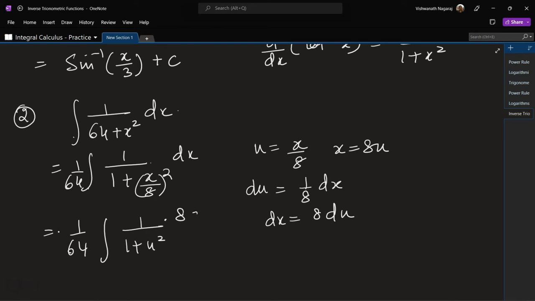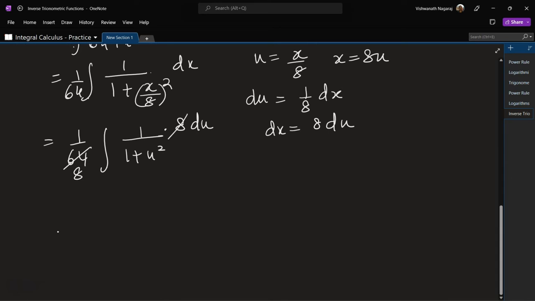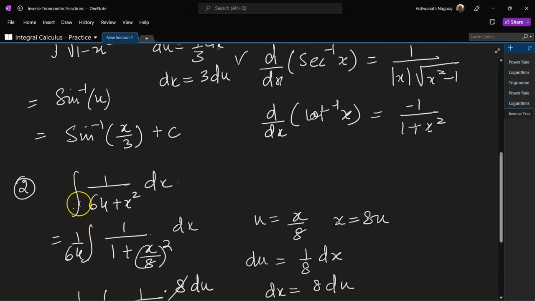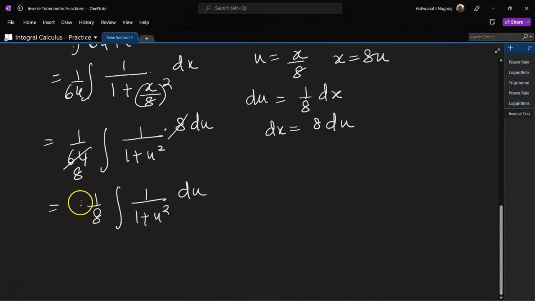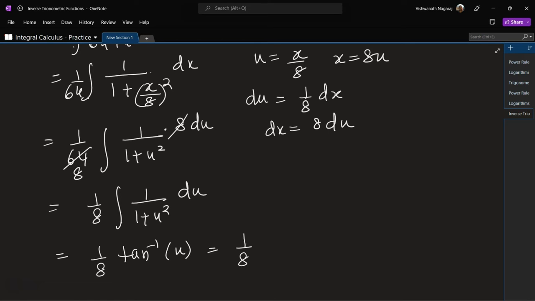So here cancellations occur. So we end up with 1 by 8 integral of 1 by 1 plus u square du. So now we have it in this form, and that is nothing but tan inverse. So here it will be 1 by 8 tan inverse of u. Reverse substitution, we get tan inverse of x by 8 plus c.